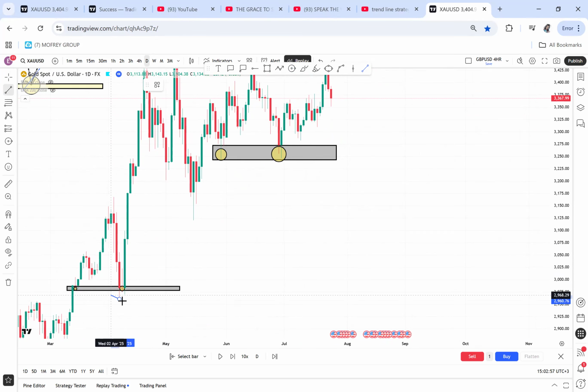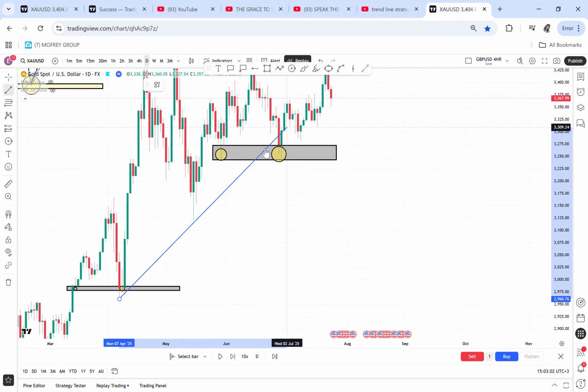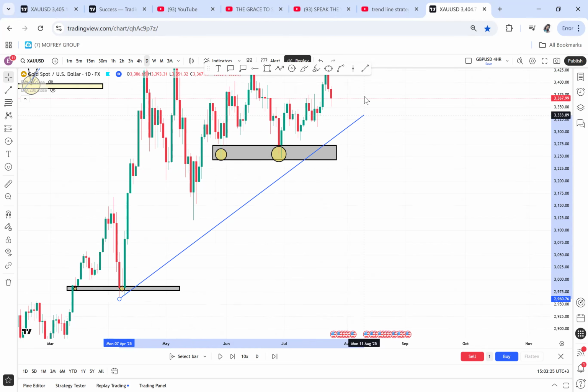If I connect 1 to 2, I don't want the line splitting my price, my candles. So instead of connecting point A to point B and cutting my prices, I will come to the next of the second bottom. I will not focus on this area here. I will focus on my bottom. That's why that bottom is very important.